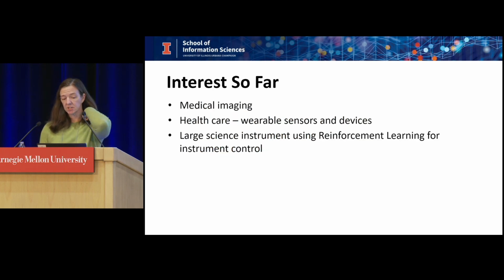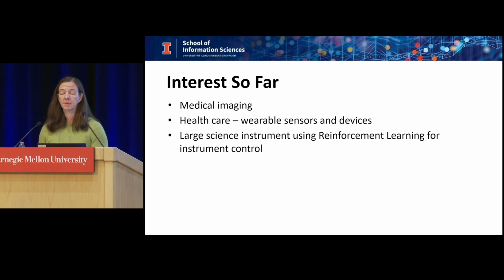The communities that are interested so far: medical imaging, they have lots of reasons to be concerned about misclassifying, detection of whatever it is. Healthcare, I'm talking to more who are interested with more wearable sensors and devices and monitoring of your personal data.